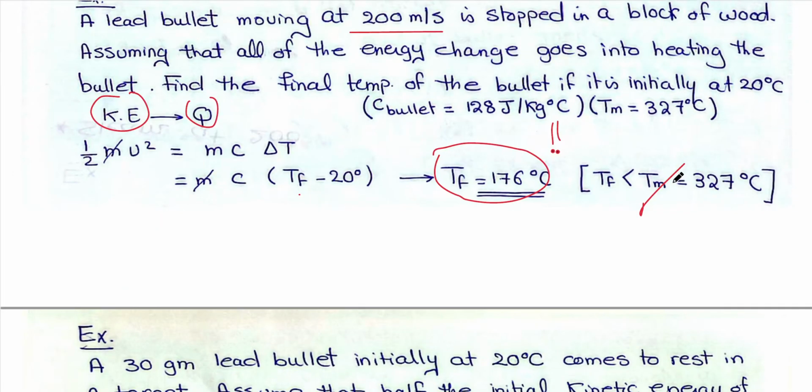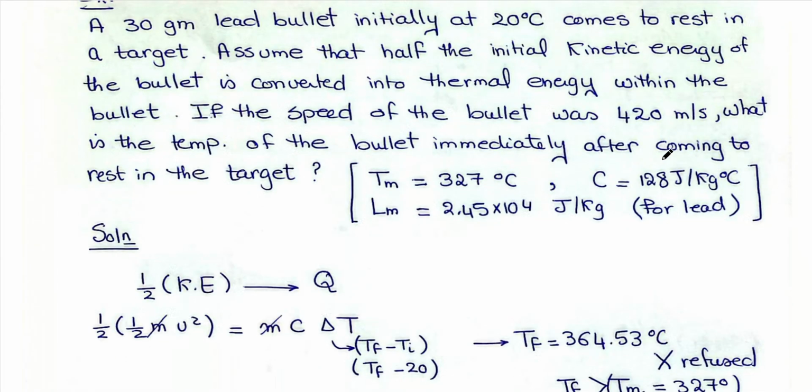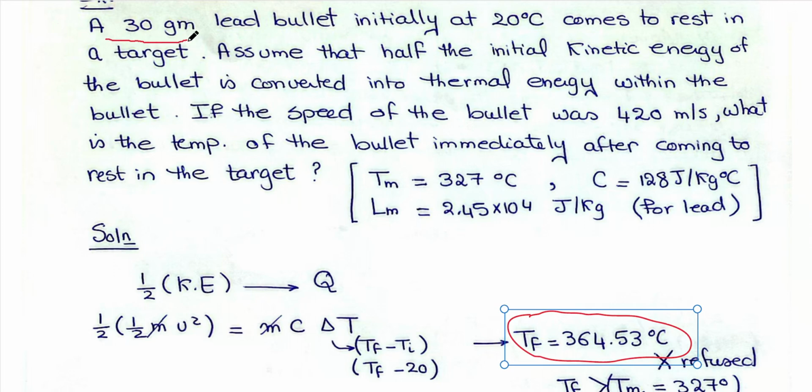The other example is different. It is the same, but after calculating the T final, we found that it is bigger than the melting temperature. Let's see the other example. A 30 grams lead bullet initially at 20 comes to rest in a target. So again, the kinetic energy will be converted into heat energy.